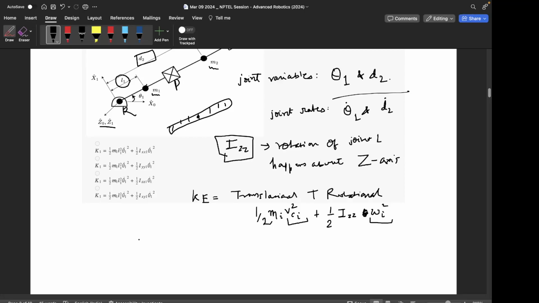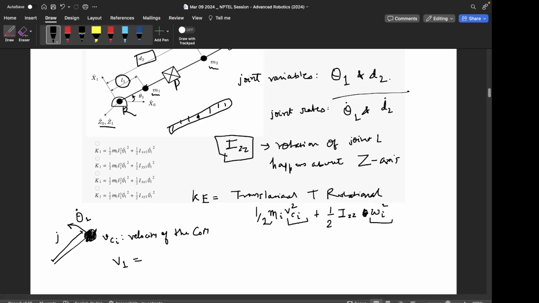So how will you calculate vci? vci is the velocity of the COM. So v1 for the first link, velocity of the center of mass, how to write that? So recall that it's a point mass rotating at an angular velocity of θ1 dot, right?